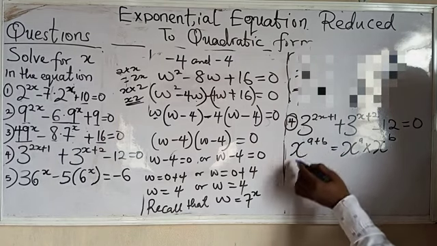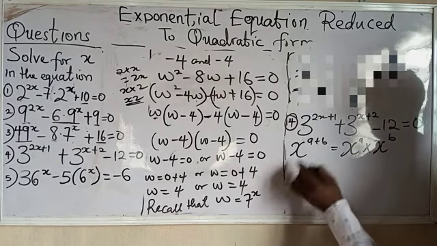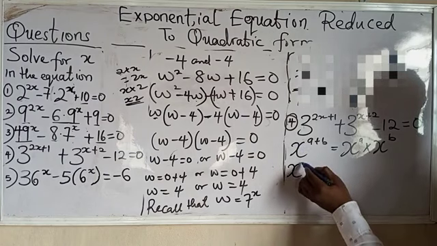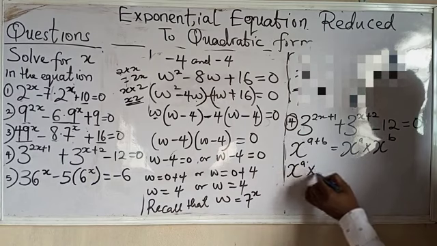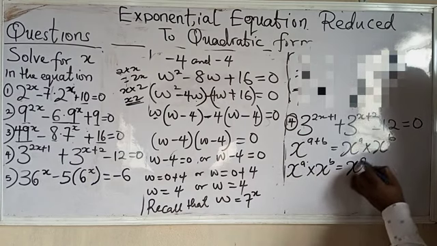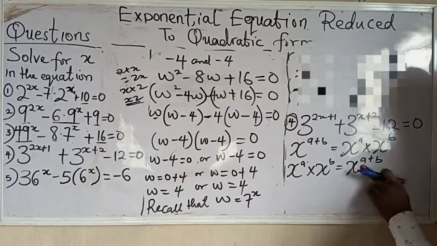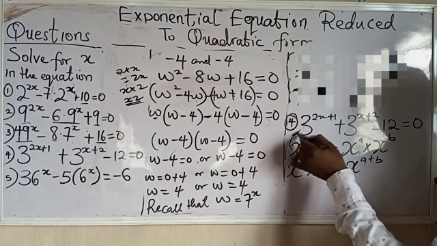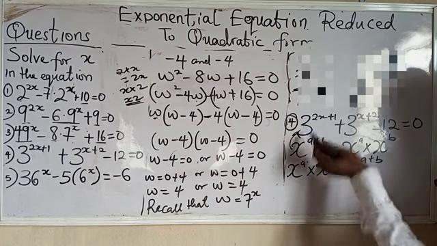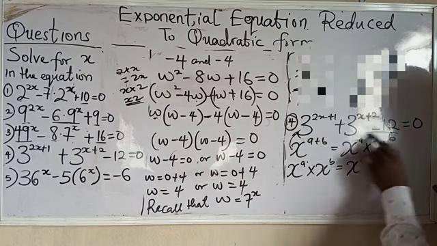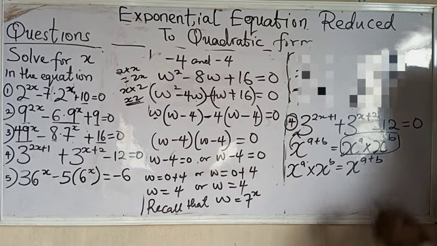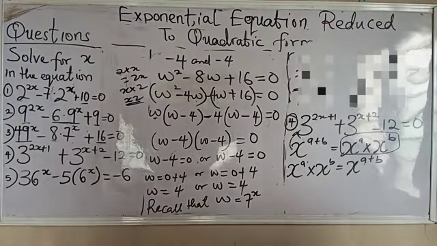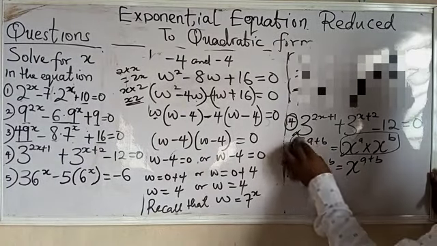And I can also say that x raised to power a times x raised to power b is also x raised to power a plus b, rather. So looking at this now, you can see that this goes in line with what we have up here, and it means that I can break it down to x raised to power a times x raised to power b. So that is what we are going to do here.